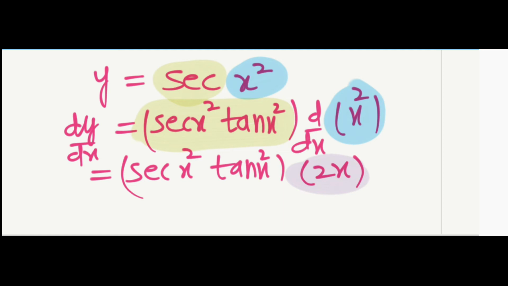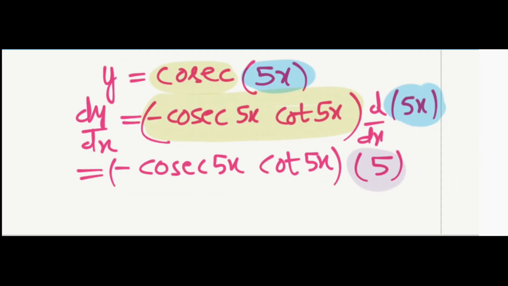Let us move on to another example. If y equals cosecant 5x. Here again the mother function is coded as yellow and the chain is 5x, and we will take the derivative of this chain.